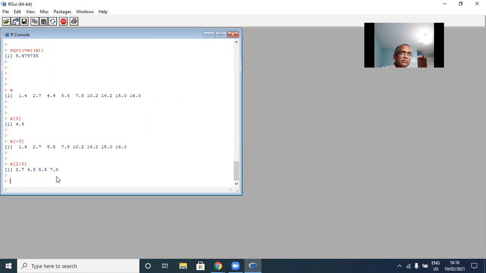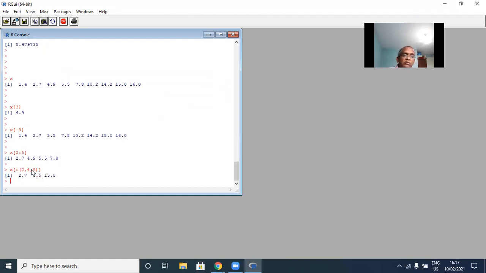Right? Now, if you type something like this, then it will pick the second, the fourth, and the eighth elements in the data set.